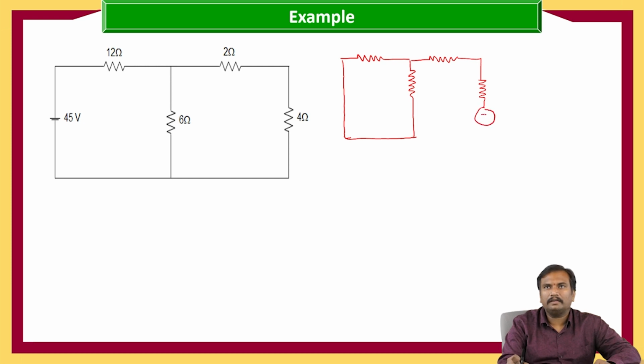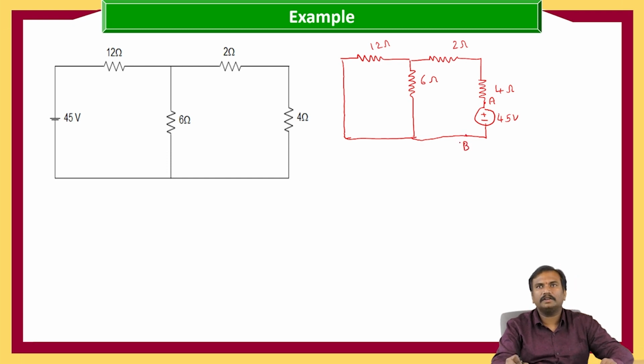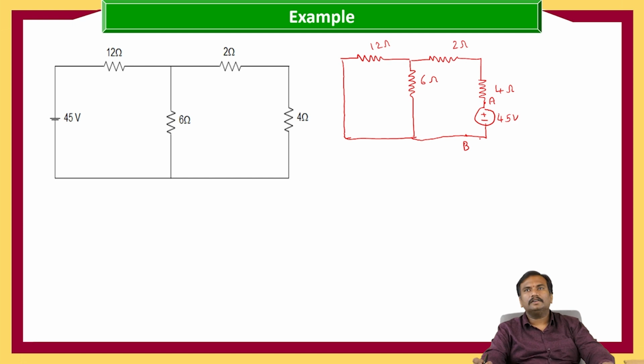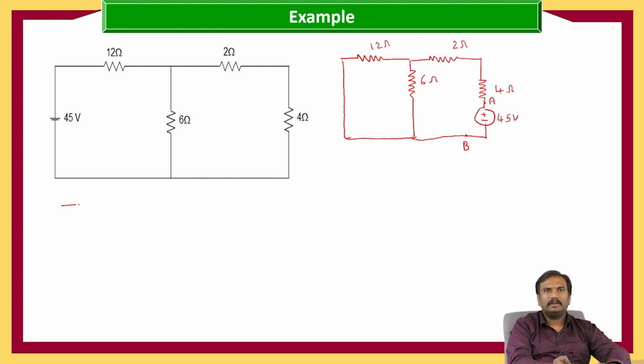And here I am adding the voltage source, that is of 45 volts, 4 ohms, 2 ohms, 6 ohms, and 12 ohms. Now here we have to see the circuit from these 2 points A and B, where the voltage source terminals are connected. So if you see from these 2 terminals, we can calculate the equivalent resistance.